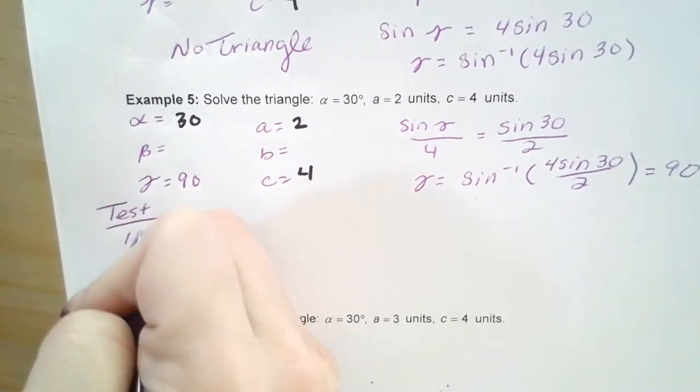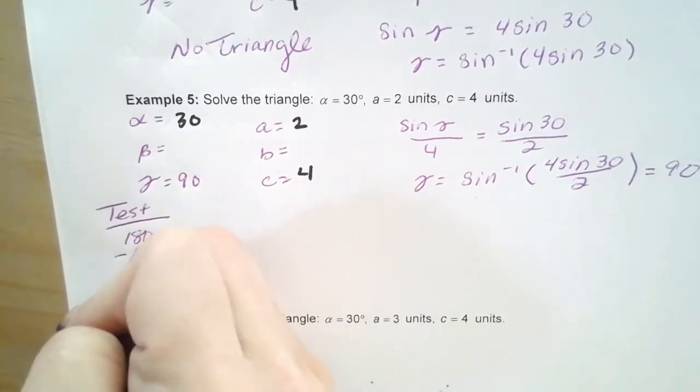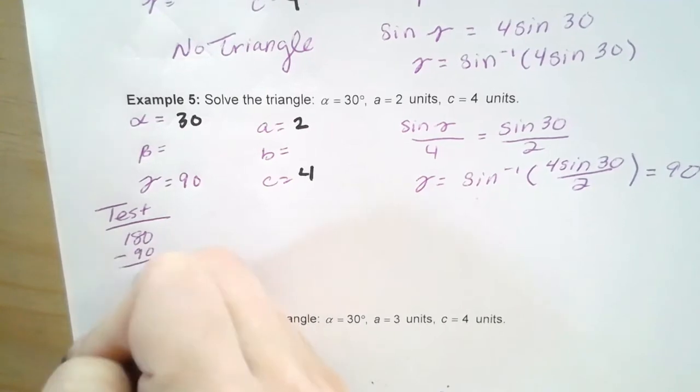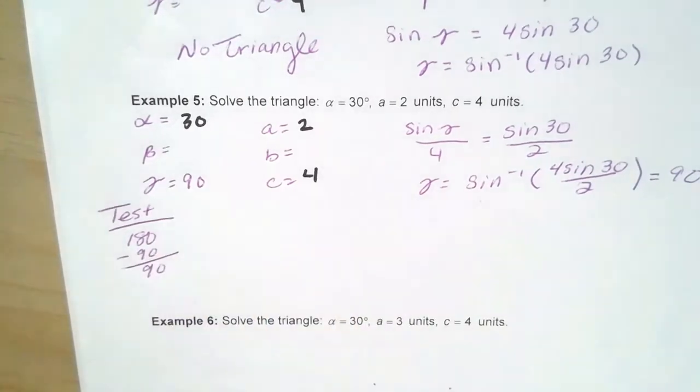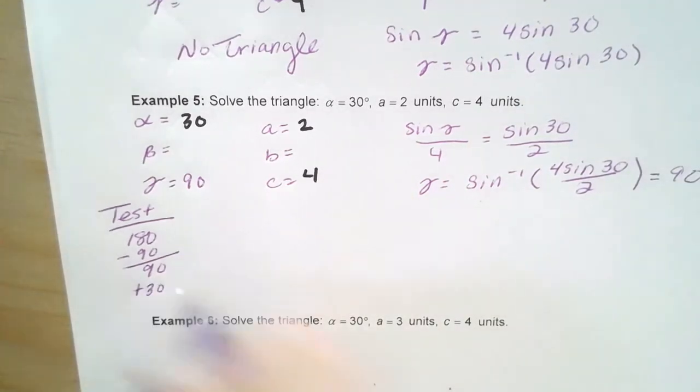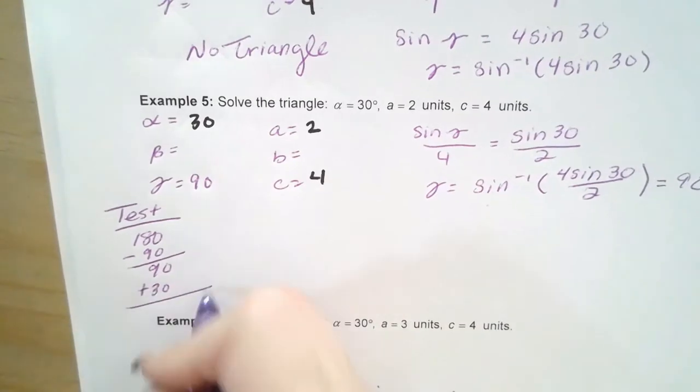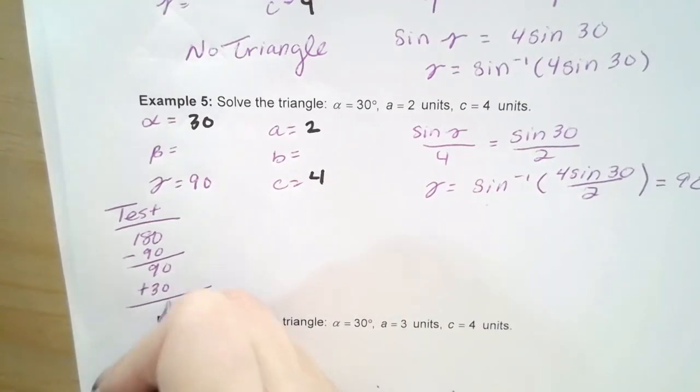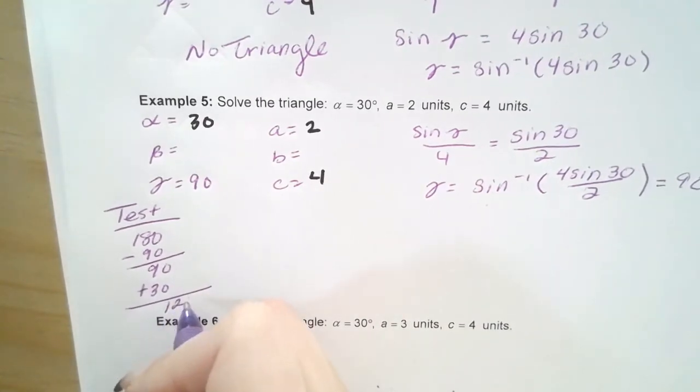So remember, the test is 180 minus the angle we found, plus the angle we have, which equals 120. So the test tells me there are 2 triangles.